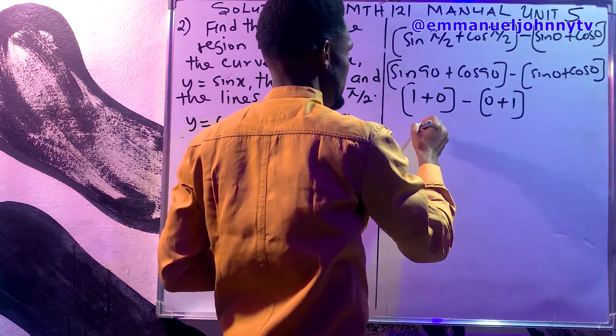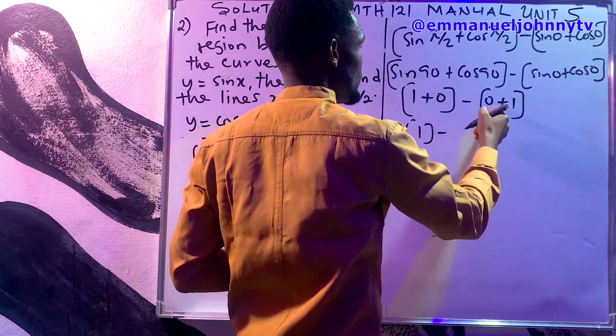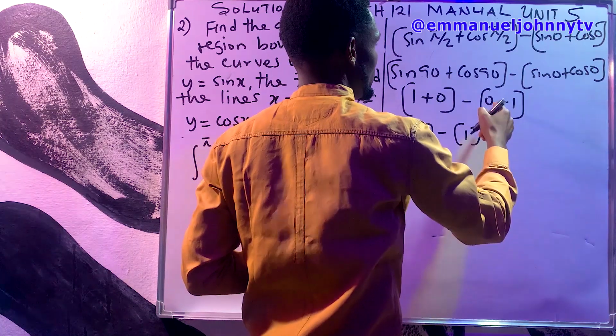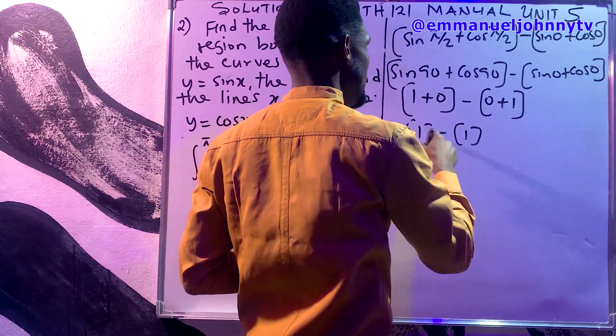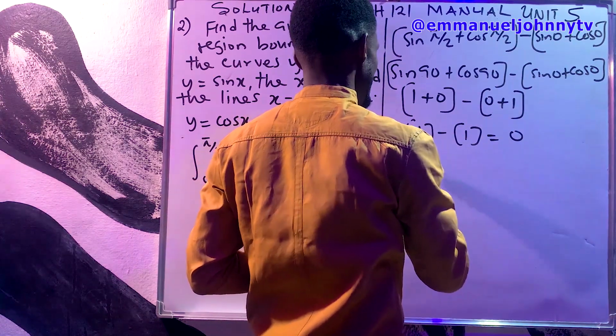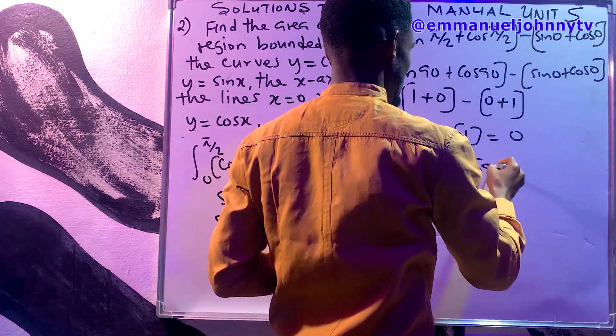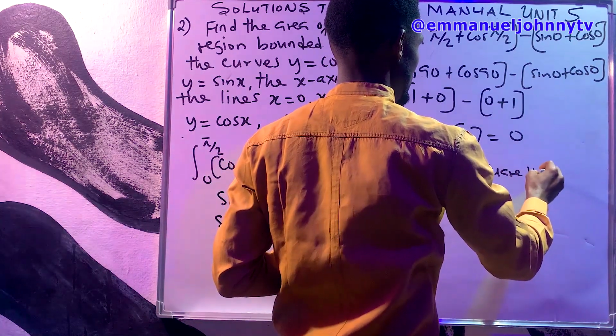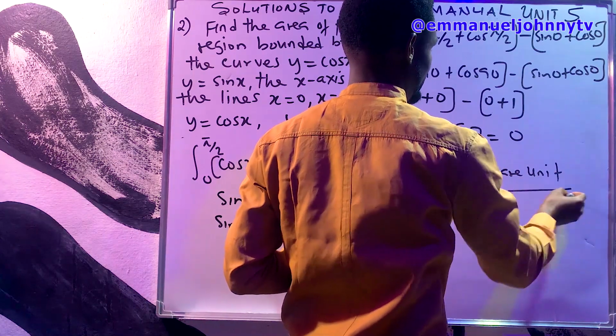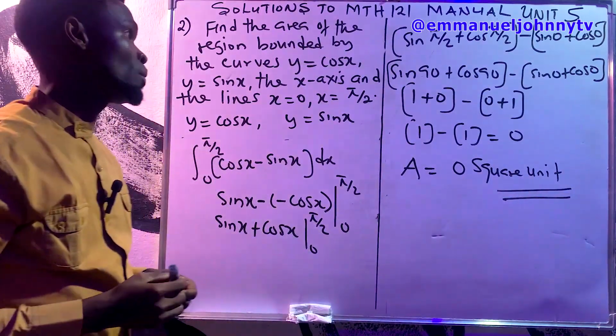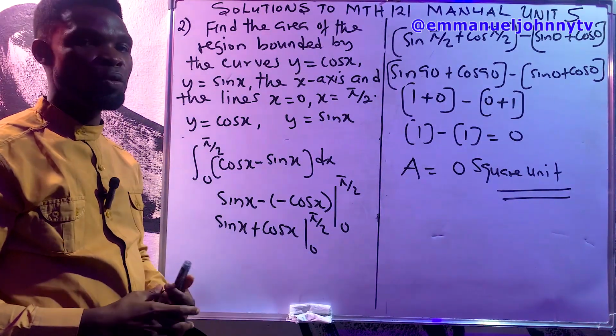So 1 plus 0 is 1, minus 1. That is 0 plus 1, which is 1. 1 minus 1 is 0. So the area is equal to 0 square units. So that is the value for the second question.